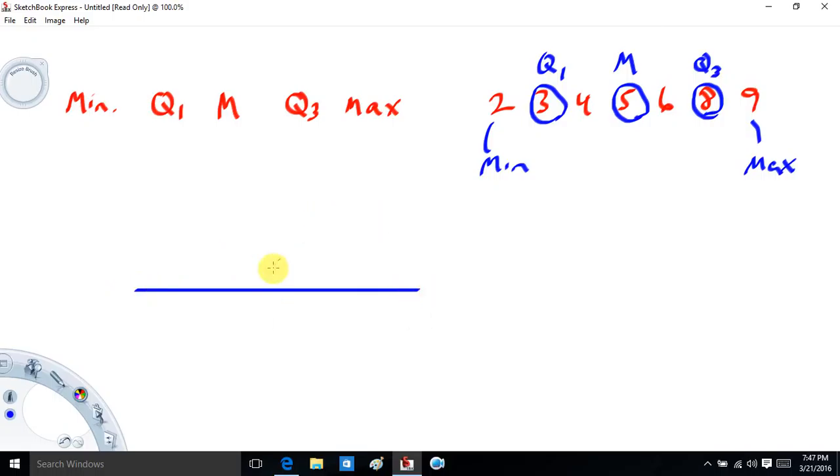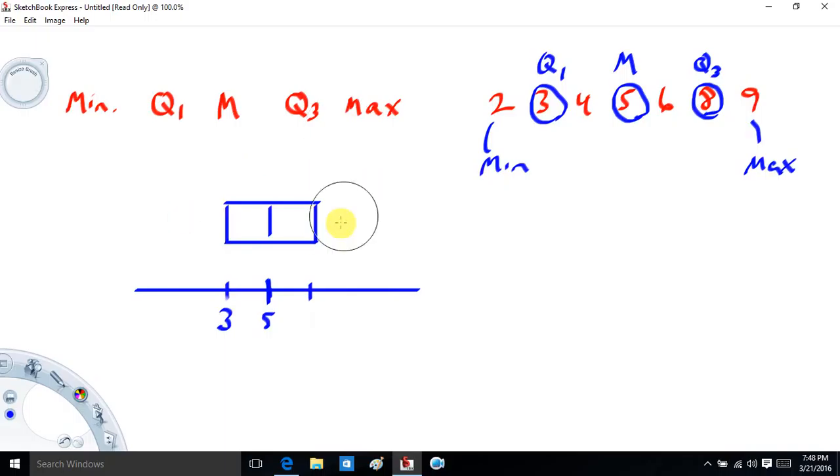In your middle right here, you have a line, and that number represents your median. And you have another line right here and another line right here. These are your, sorry, this is your first quartile, and this is your third quartile.